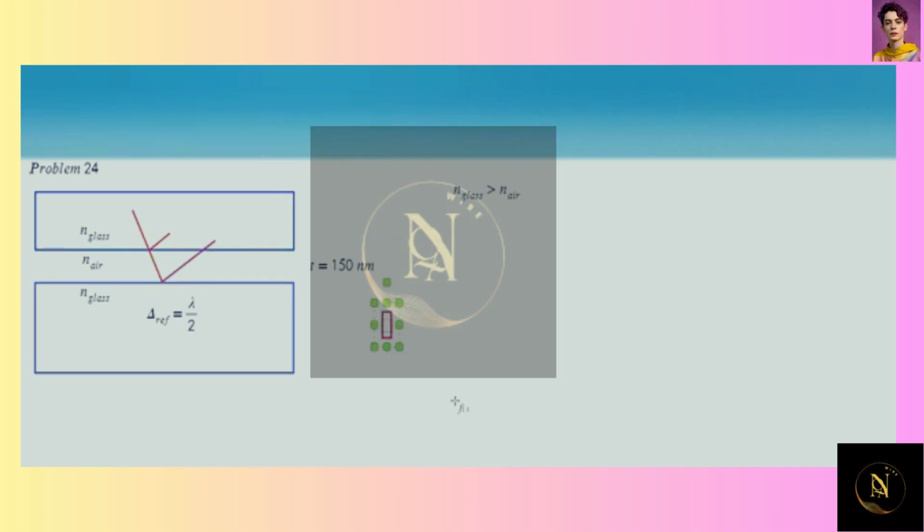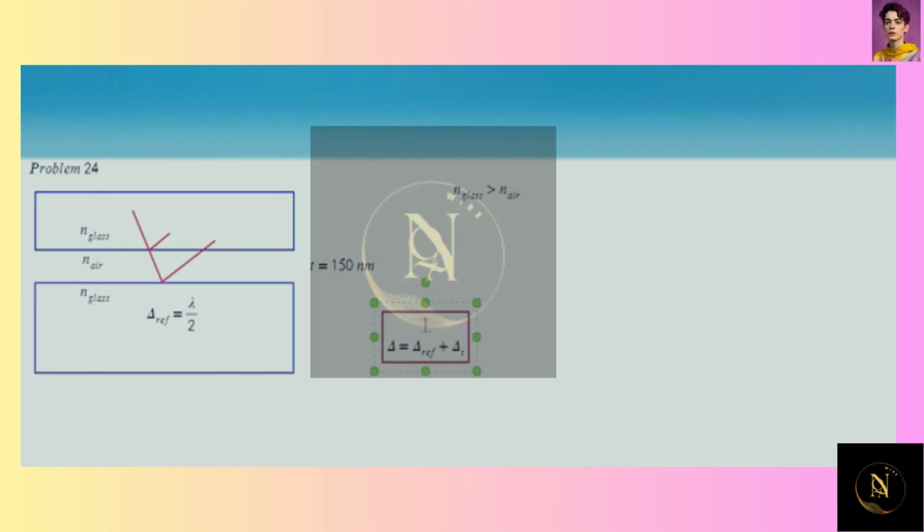So the net path length difference, let's go ahead and call that delta. It's going to be equal to the path length difference associated with the reflection plus the path length difference associated with the light going through that column of air. Let's call that delta t.